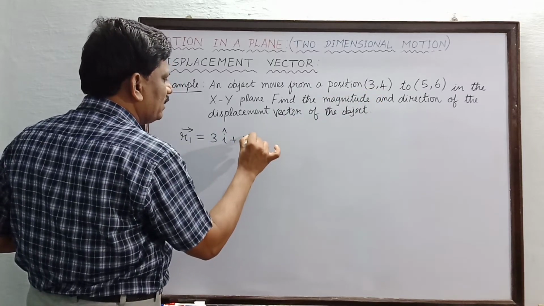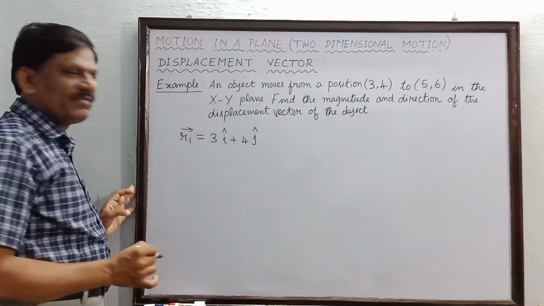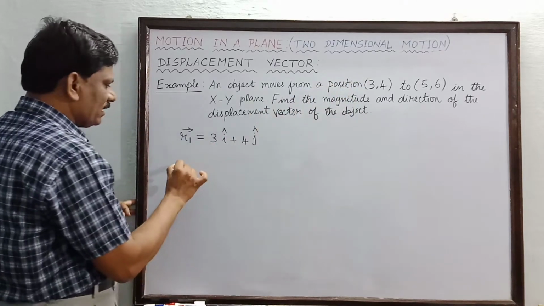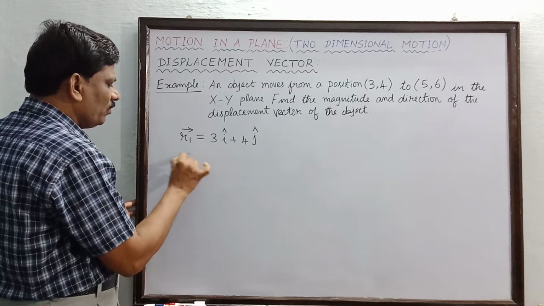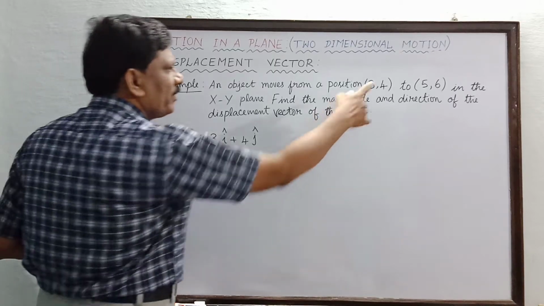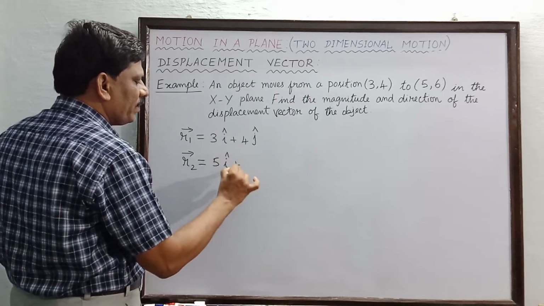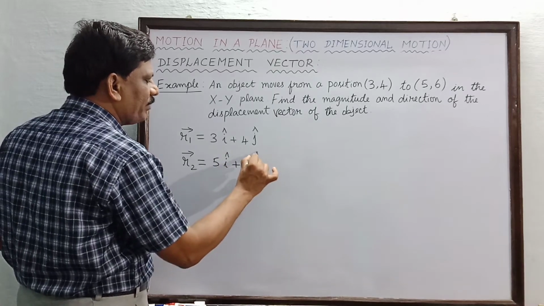This is the position vector at the initial point, and the position vector at the final point, r2 vector, is equal to 5, 6. So this is 5i cap plus 6j cap.